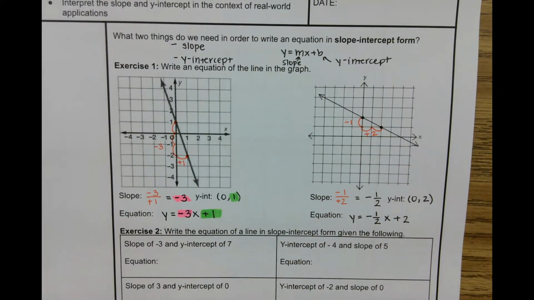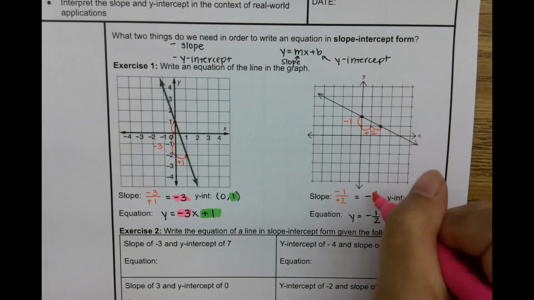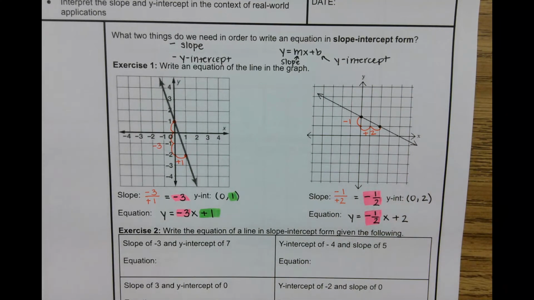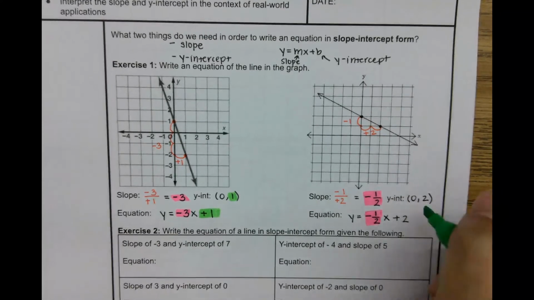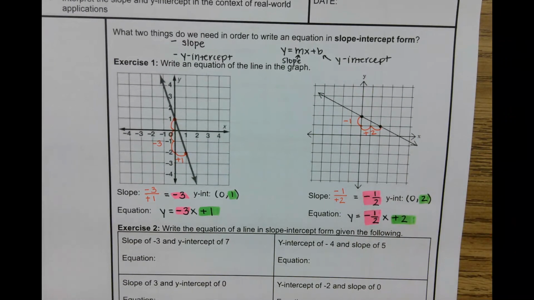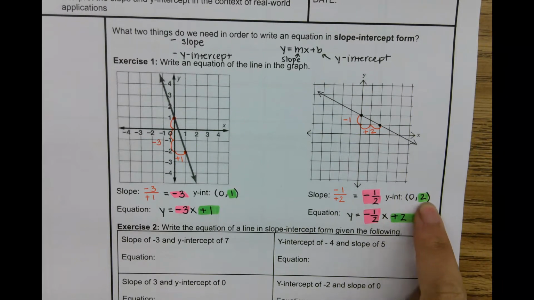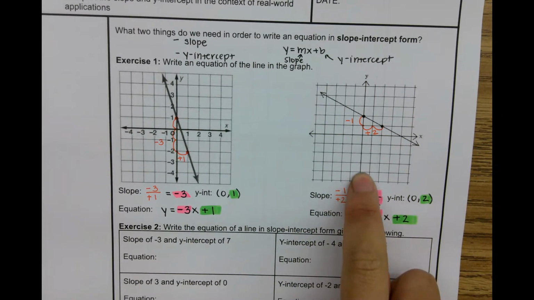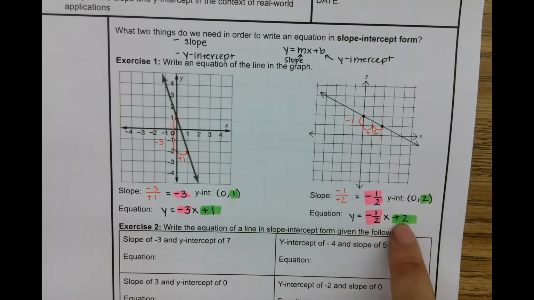I'm just going to highlight it so we can read our notes better when we're studying. If our y-intercept was a negative number, then instead of plus, it'd be minus the number. So if my y-intercept was down here, like -4, then it would just be x minus 4.